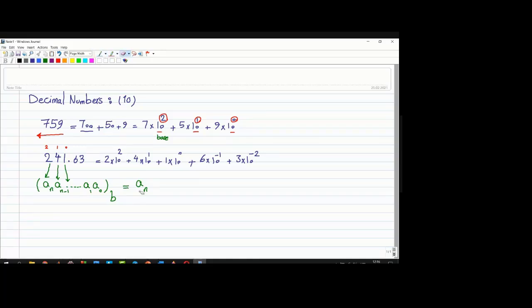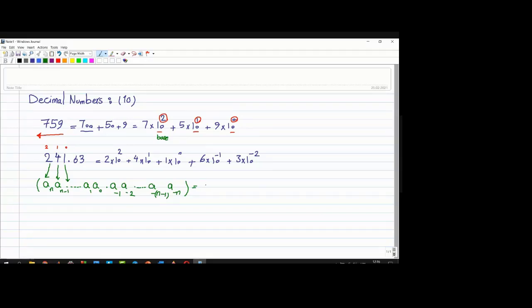And also we can add the fraction part, a_(-1), a_(-2), up to a_(-(n-1)), a_(-n).